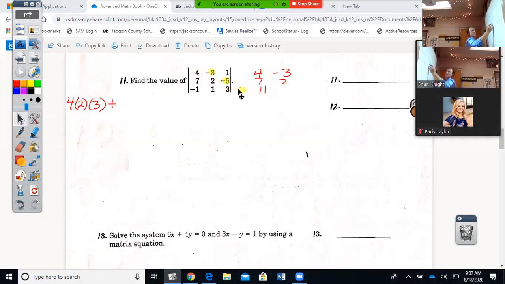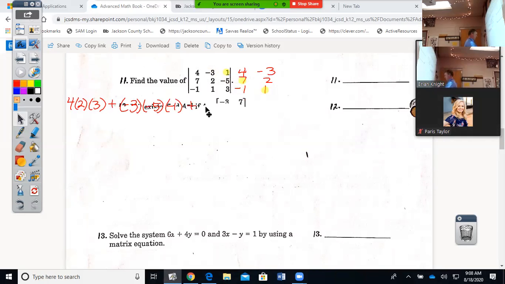We do the next row. The next row, or diagonal row, would be -3, -5, and -1, plus 1 times 7 times 1.